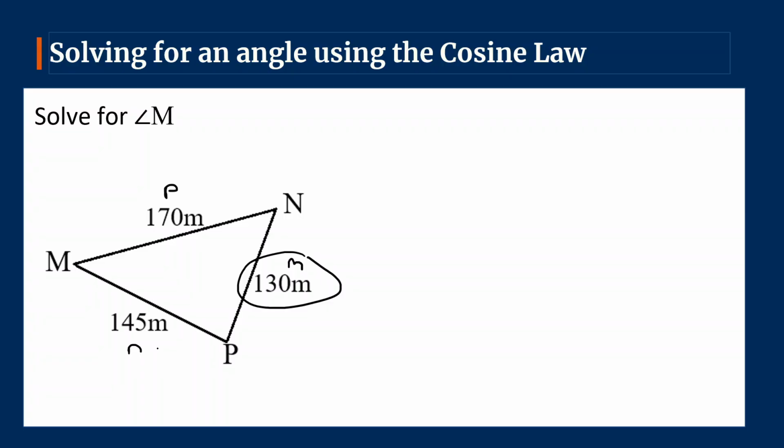Now I circled side M because it is the important side. It's the side opposite, sharing the same letter as the angle I'm looking for. And that means that when I try to find angle M, so I'm capital letter, big giant M, I need to make sure that in my bracket, I start with little m.